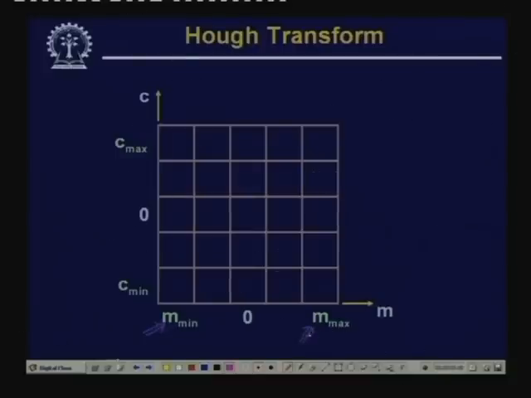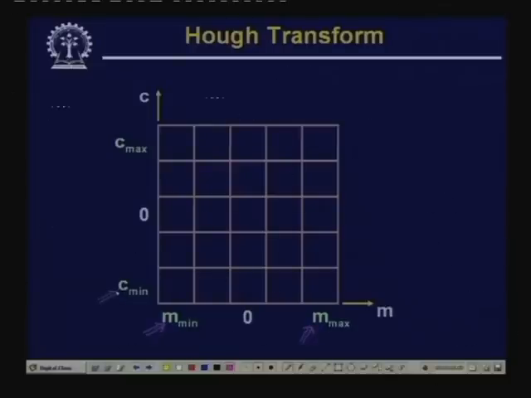Similarly, c is also subdivided, and the total range is within an expected minimum value, c minimum, and an expected maximum value, c maximum, of the intercept c. Within this range, the space is divided into a number of accumulator cells.